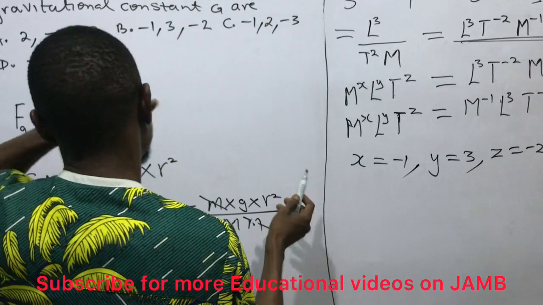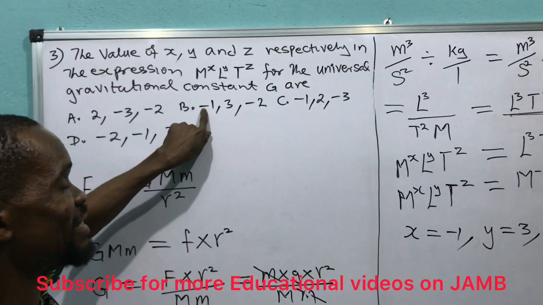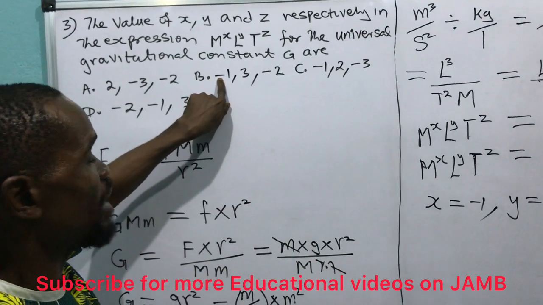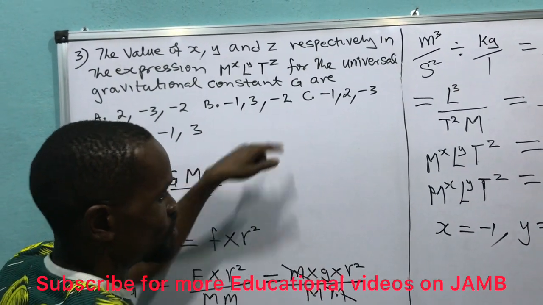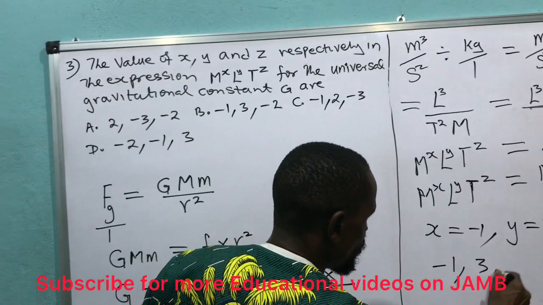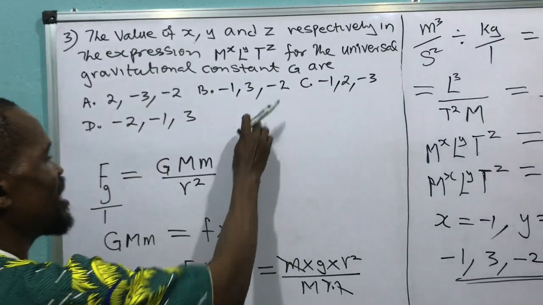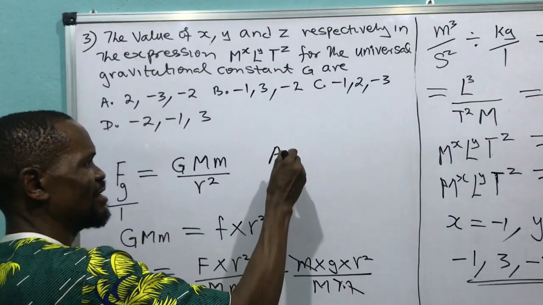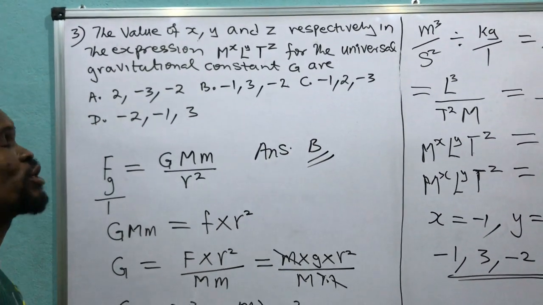I have that this is option B, which is X is minus 1, Y is 3, and Z is minus 2, which I can now write as minus 1, comma 3, comma minus 2, and that's my answer. What is the answer? Our answer is option B. Let's look at question number 4.